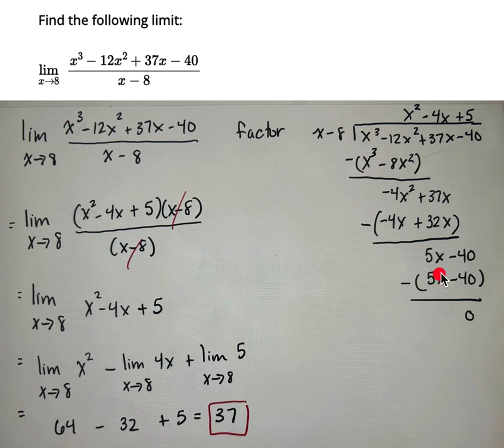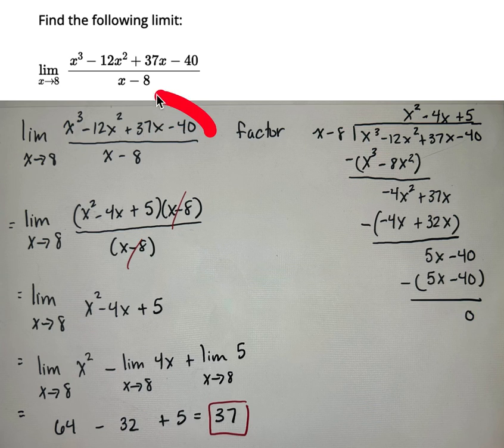So x goes into 5x 5 times, and then I'm going to take the 5 times the x minus 8. So 5 times x gives me 5x. 5 times minus 8 gives me minus 40. I'm going to subtract this whole quantity, and when I take 5x minus 40 and subtract 5x minus 40, I get 0.